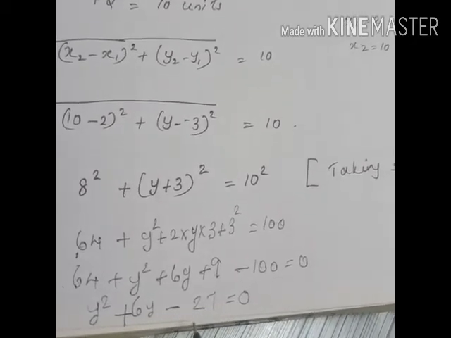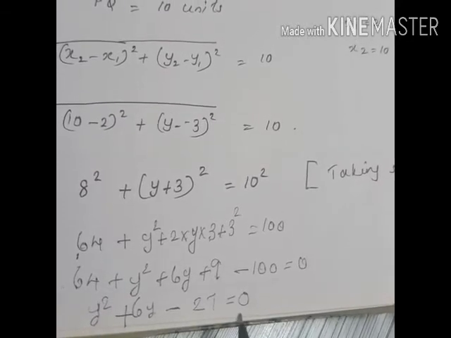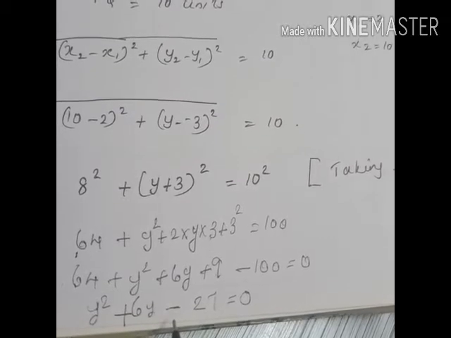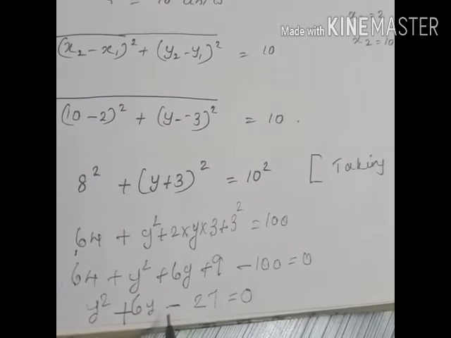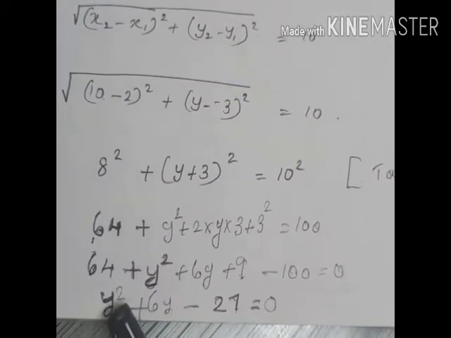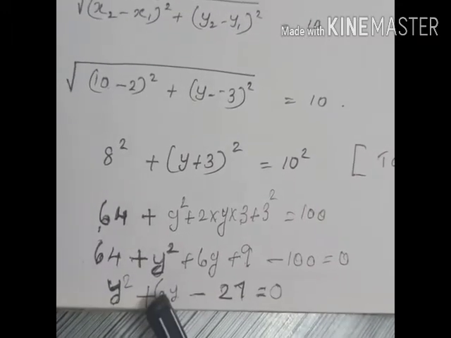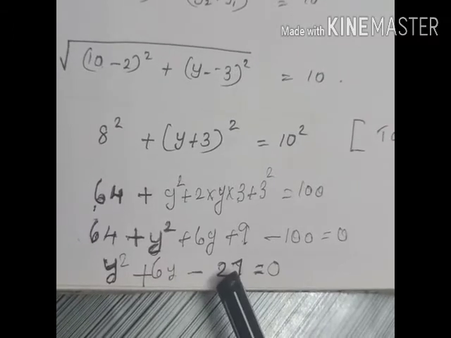Here we have to find the value of y. But here we got a quadratic equation, so we have to use any method to solve it. Here I select the quadratic formula. From this equation we can find a as 1, b is 6 and c is the constant negative 27.